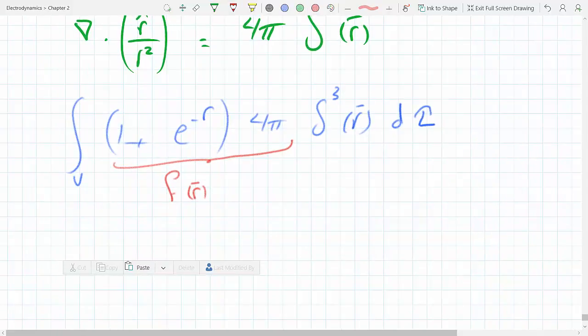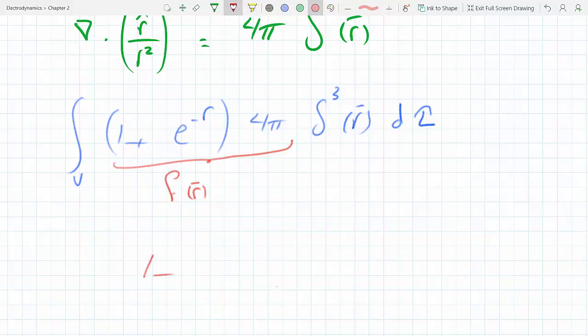So it would just be 1 plus e to the 0, because this is a magnitude of r, not a vector r. Either way, if it's 0, it would be 2. Oh, and then there's the 4 pi, so it'll be 8 pi.